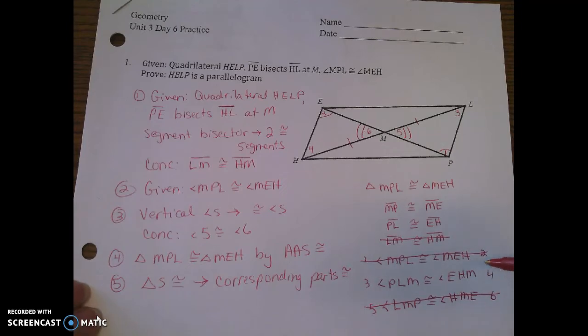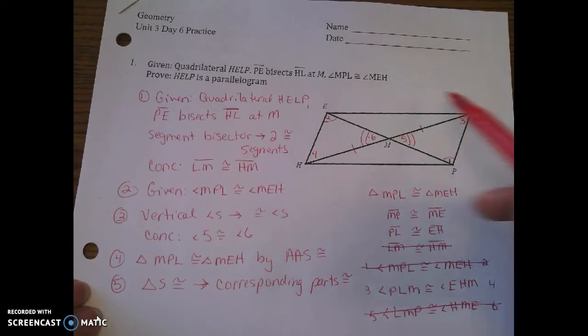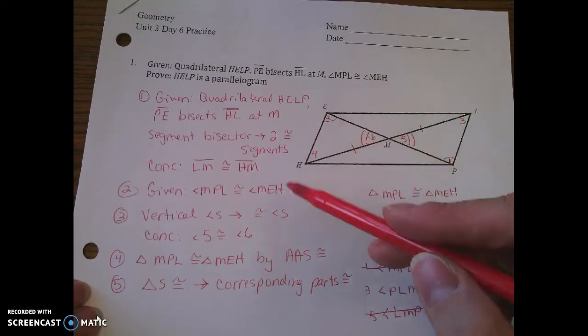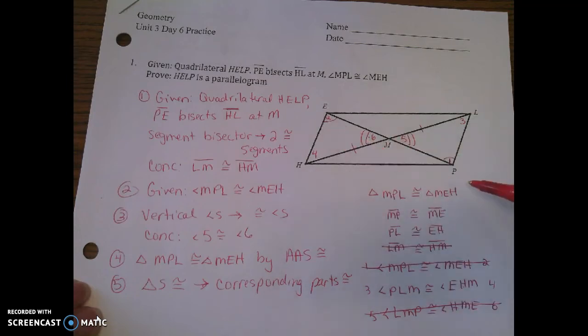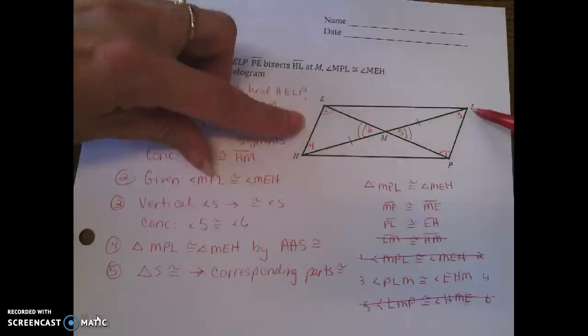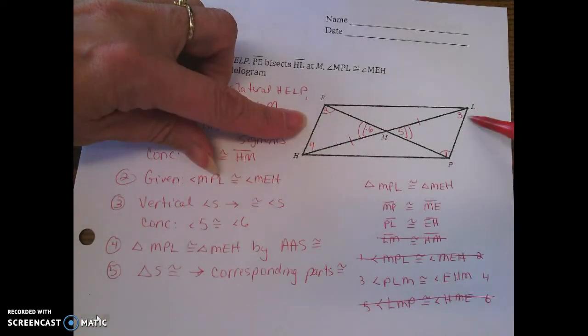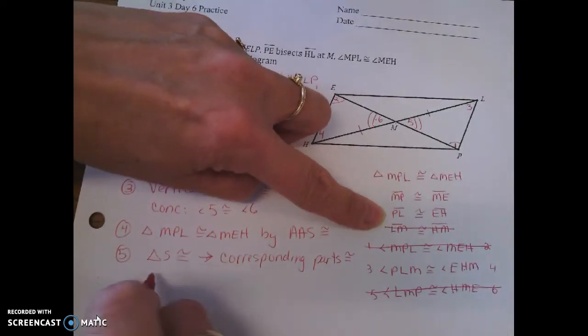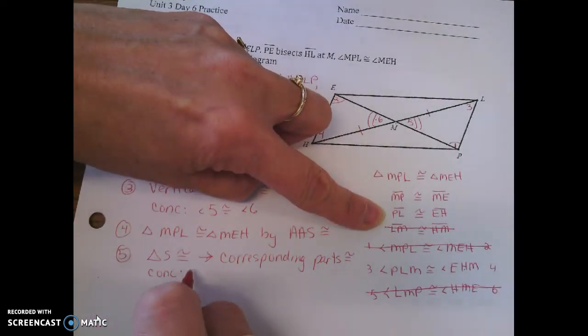Now is where you need to think. I need this to be a parallelogram. So I want to get opposite sides congruent, which means line segment EH, I can conclude is congruent to line segment PL, right here. That's the conclusion I want to make. Line segment PL is congruent to line segment EH.